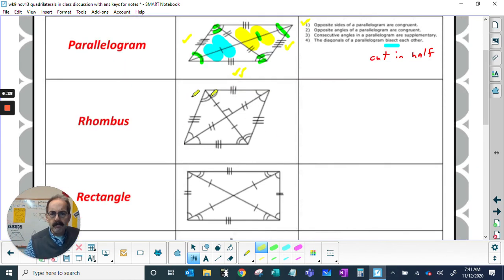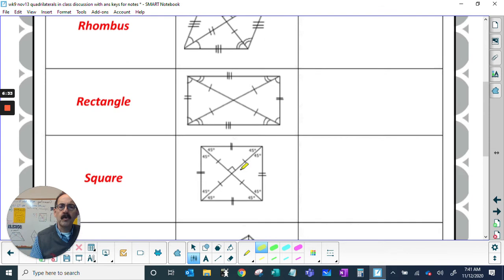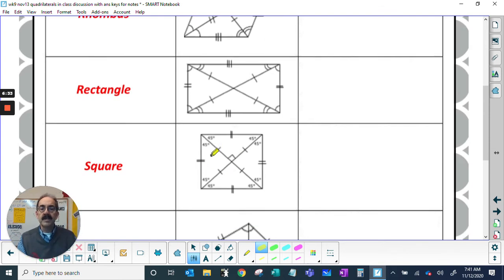The rhombus. Okay, now before we go to the rhombus, I love the idea of a square because most students can see that corner is congruent to that corner. That corner is congruent to that corner. They're all 90 degrees. Let's go further. That's a 45, that's a 45, that's a 90.